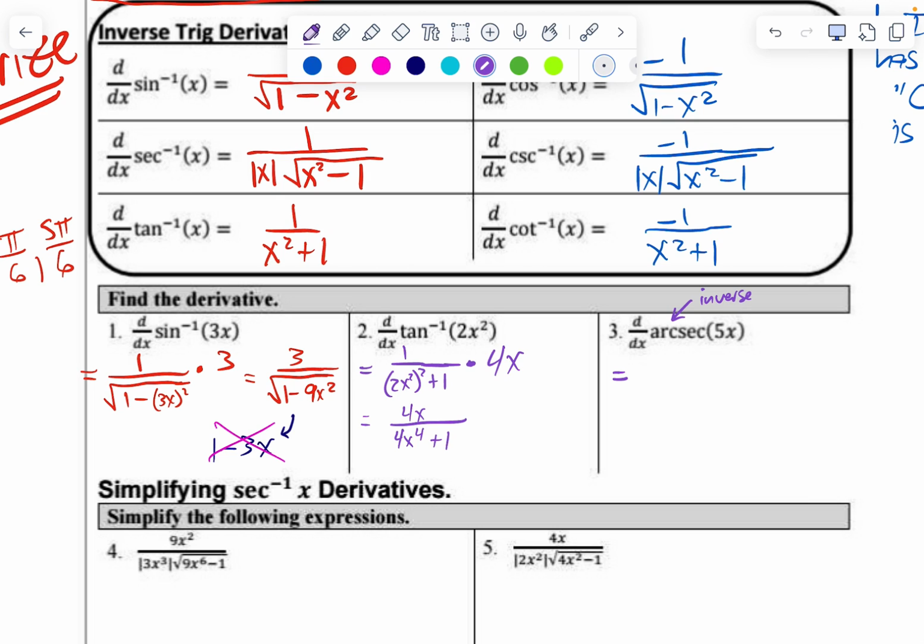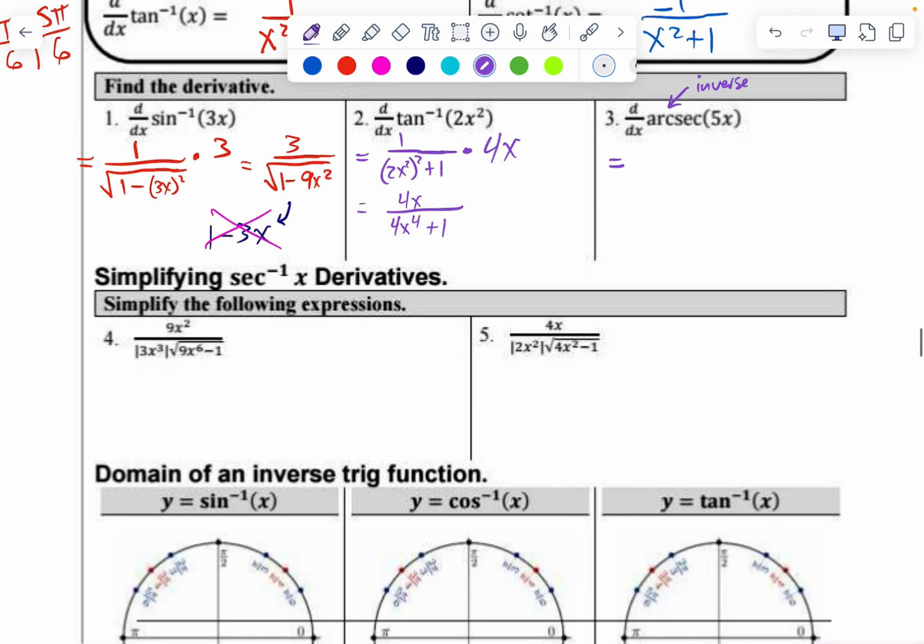Okay, what's the derivative of arc secant? Try not to look. It has an S, so we know it has what? Square root and subtraction. For secant, which comes first, the x squared or the 1? X squared. So I'll move that over. So (5x), whole thing squared. Wouldn't that be an annoying way to mess this up, if you forgot your parentheses and you only squared the x?